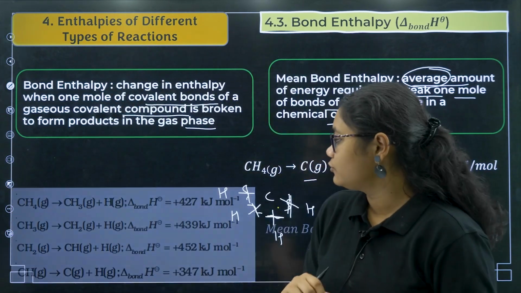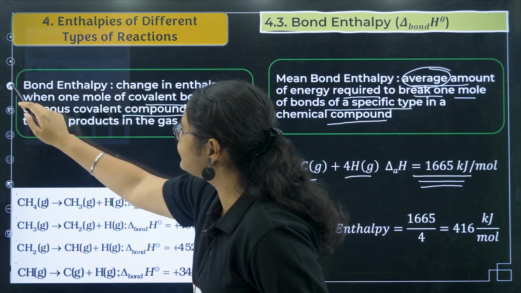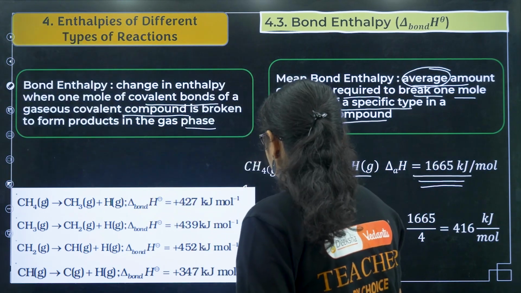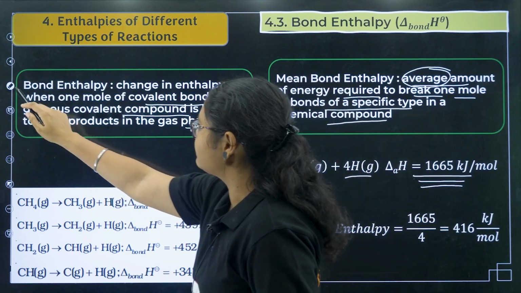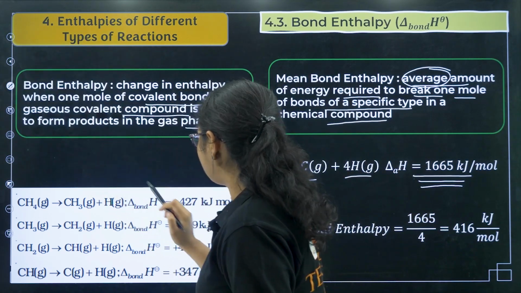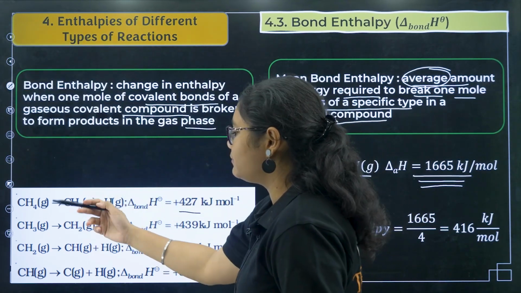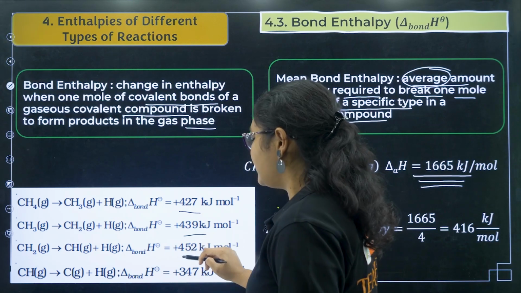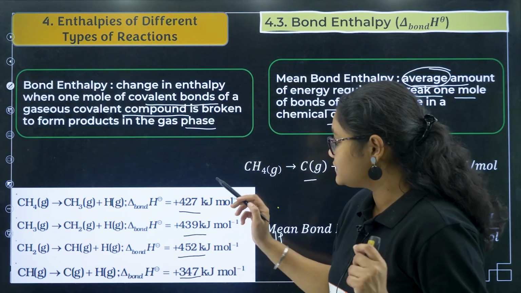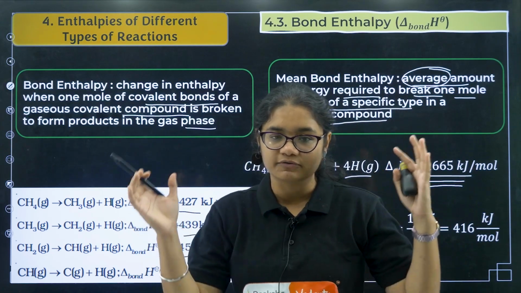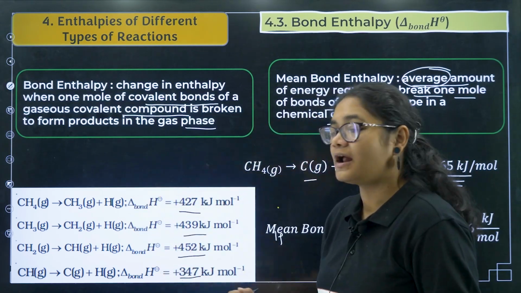So we see that the amount of energy required for different CH bonds is not the same. When you break the first bond, energy required is around 427. When you break the second bond, 439, then 452, and for the last bond it is 347. So we are breaking the same CH bond of the same compound, but the energy required is different.